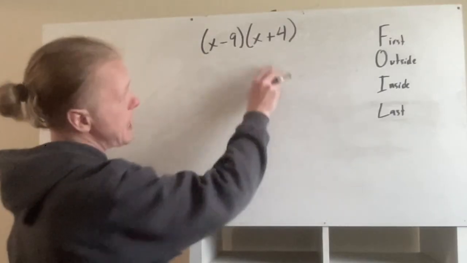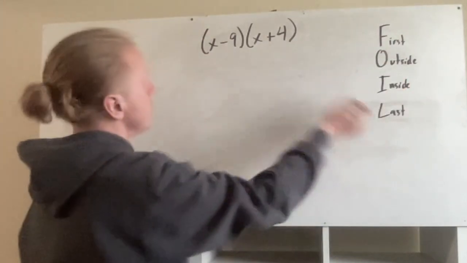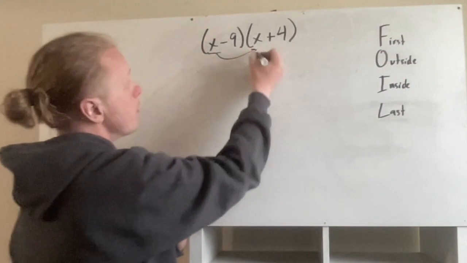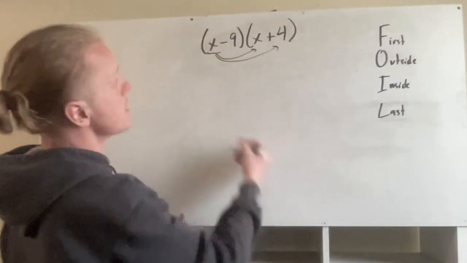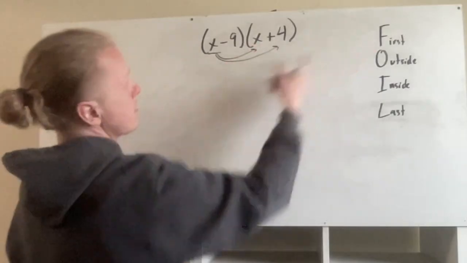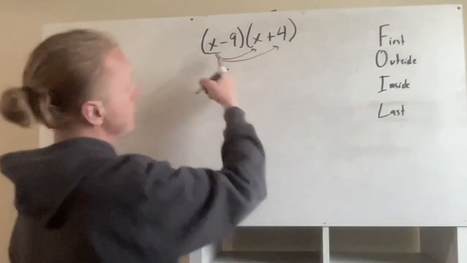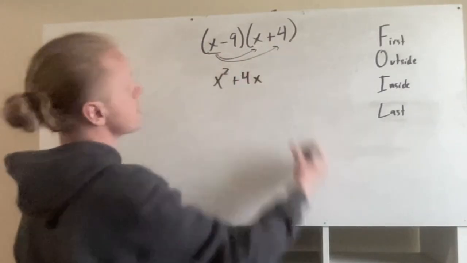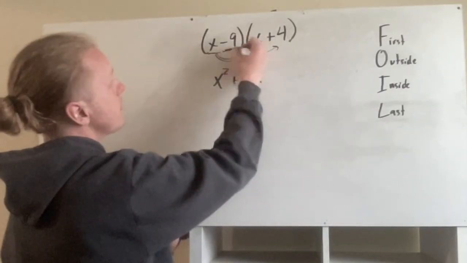We have x minus 9 times x plus 4. So we're going to follow the FOIL method. But again, that basically means we start with the x, and I'm going to distribute it, multiply it by both terms in the other parentheses. So x times x first gives me x squared. Outside, x times positive 4 is plus 4x. Inside, now I'm moving on to the negative 9.